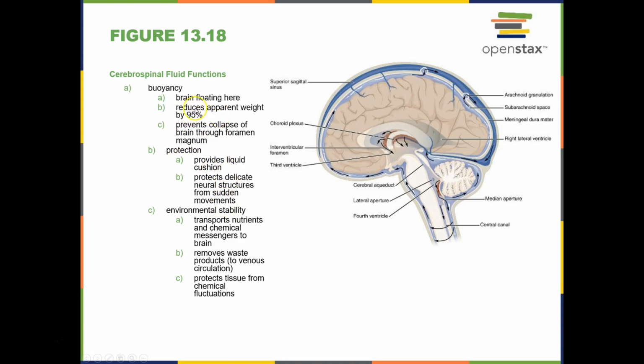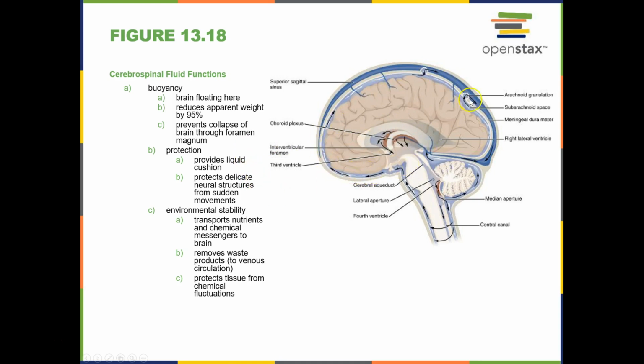So, buoyancy: if the cerebrospinal fluid was gone, then the brain could actually shrink up and fall through that spinal canal. So that's really important, that we want to keep that brain hydrated. Protection, I mentioned that.